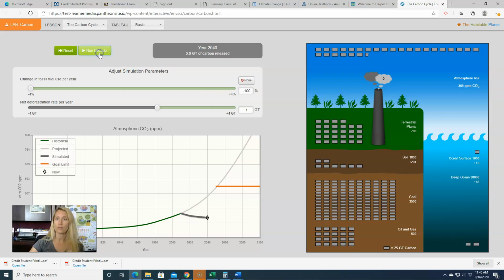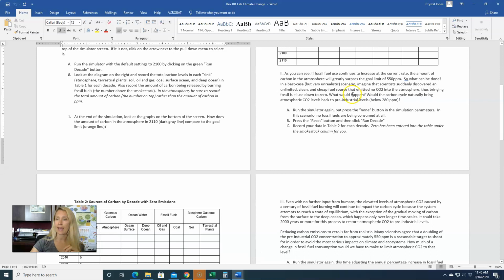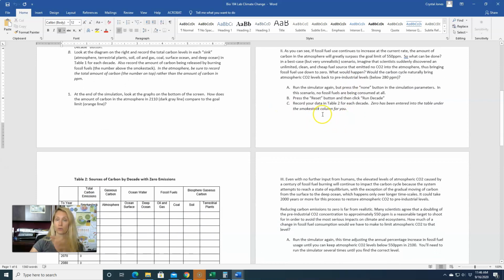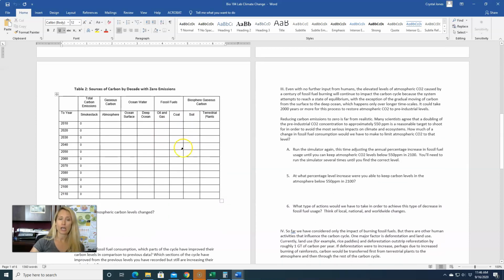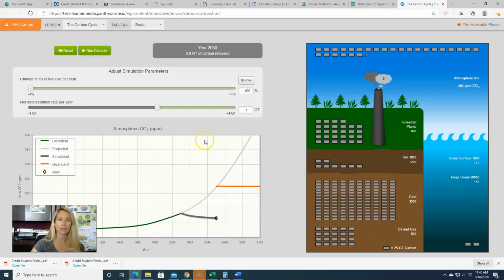The way that carbon is moving through the ecosystem is a lot different when we're not burning fossil fuels. So you'll continue on with the lab. Again, please make sure that you follow the instructions that are in the lab for each scenario. You're going to be changing other things in the simulation as well.